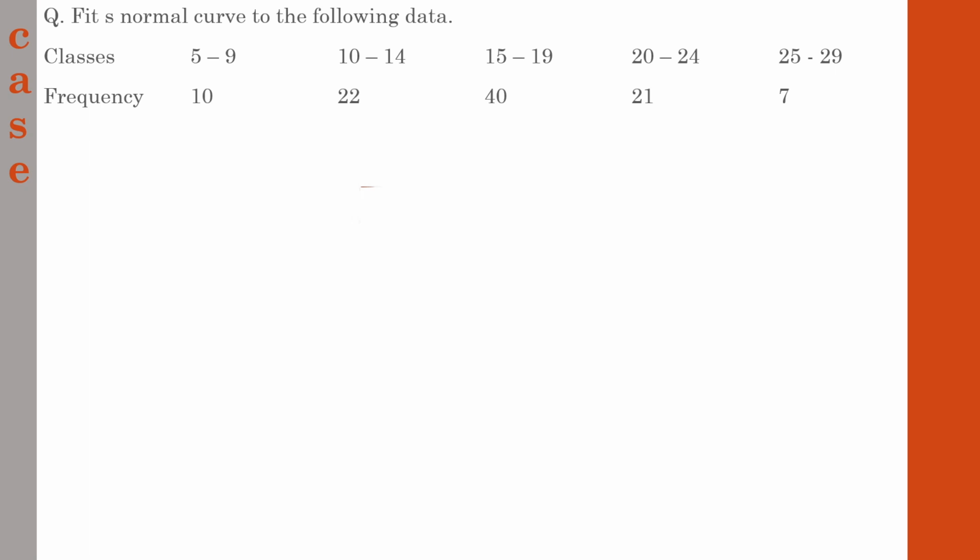That means the end limit of one class will be the start limit of another class. See, here the class begins with 5 and ends in 9, but the second class begins with 10 instead of 9, or otherwise we could have used 10 here. Anyway, this is not in a continuous pattern.